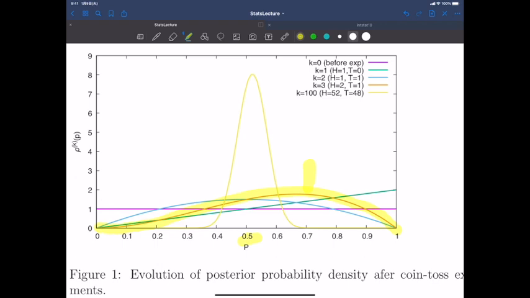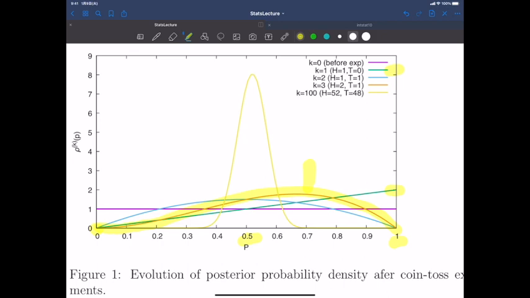But this is not as biased as the first experiment. In the first experiment, the density was highest exactly at p equal to 1, but not anymore because we have some result with a tail. So we are biased towards heads, but not as biased as the first experiment.